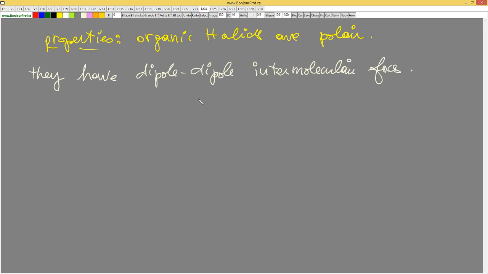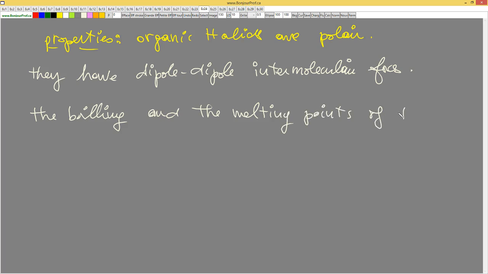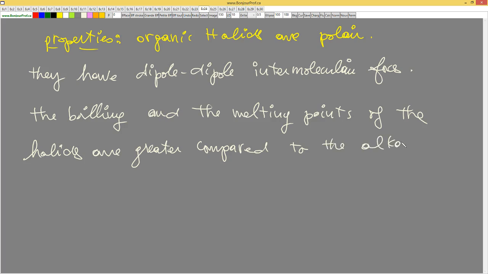So with these dipole intermolecular forces, the boiling and the melting points of the halides are greater compared to the alkane with the same carbons.